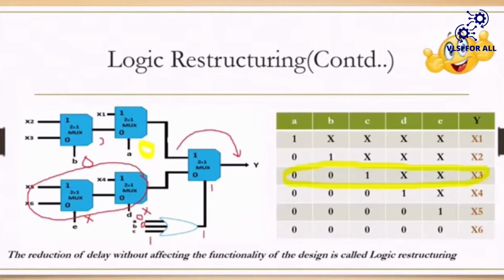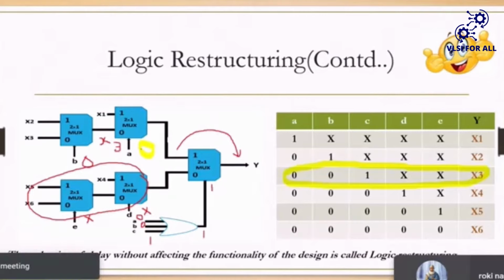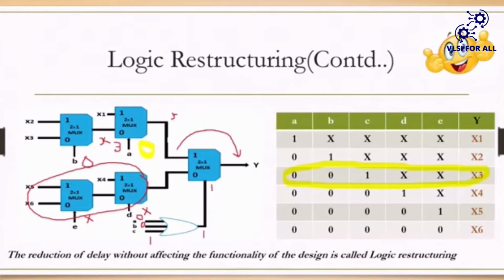So ignore this path. Now let's concentrate here. As the B selection input is 0, here you get X3. Similarly, as the selection line input A is 0, the output of the multiplexer is X3 only.